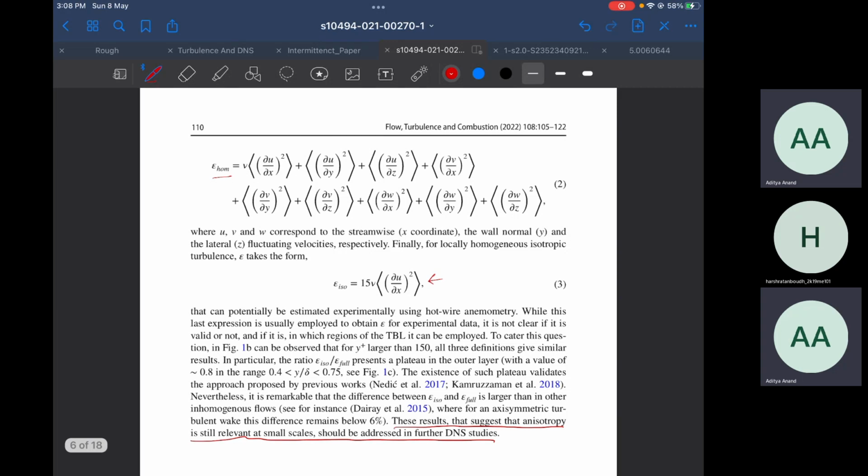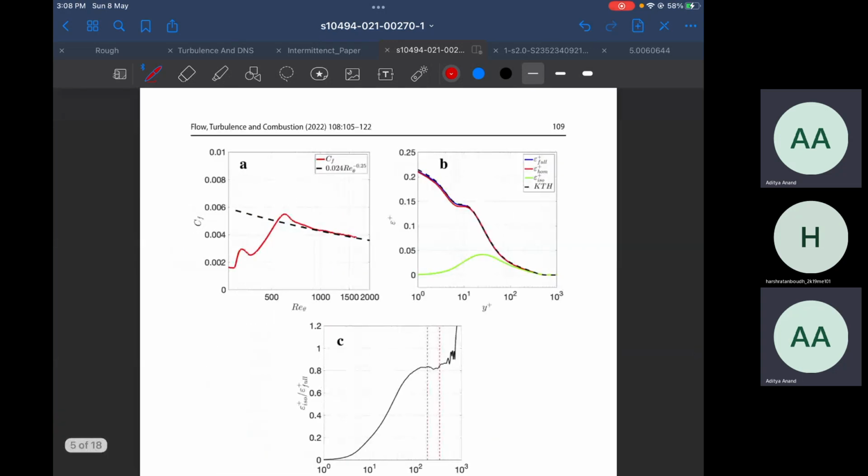They have calculated all three and plotted them here to check whether their assumption holds or not. This shows that the assumption of homogeneity does not affect much here. However, the assumption of isotropy only affects the statistics which are close to the wall. Away from the wall, they are more or less the same. That is what it seems from this plot.